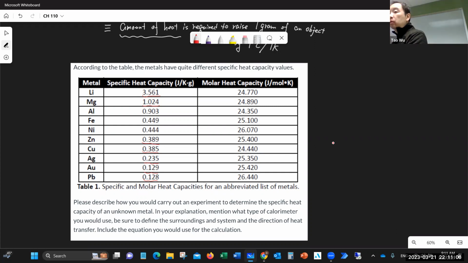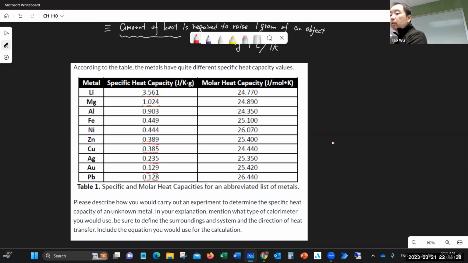But if I want to raise up 1 gram by 1 Celsius of magnesium, I need 1.024 joule of energy. So this is talking about how much energy they need to absorb to raise 1 Celsius.